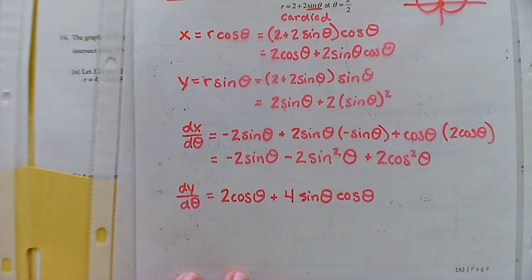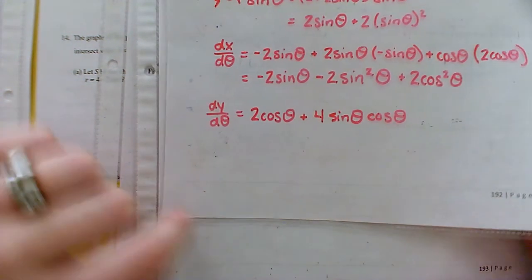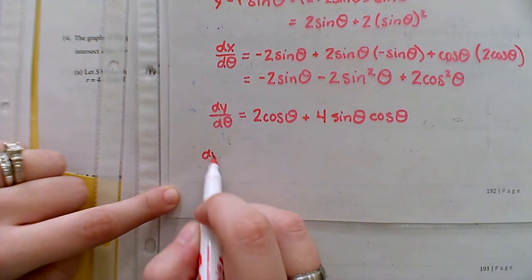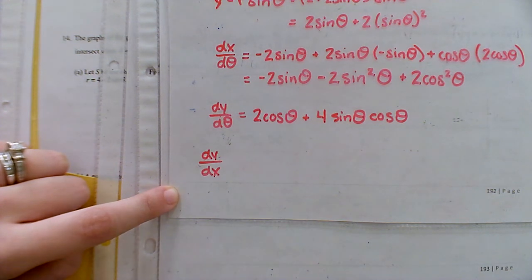We still good with our derivatives? Our shortcuts? Good. All right, so now that we have the individual derivatives, let's go ahead and write the overall slope of the curve at any point.